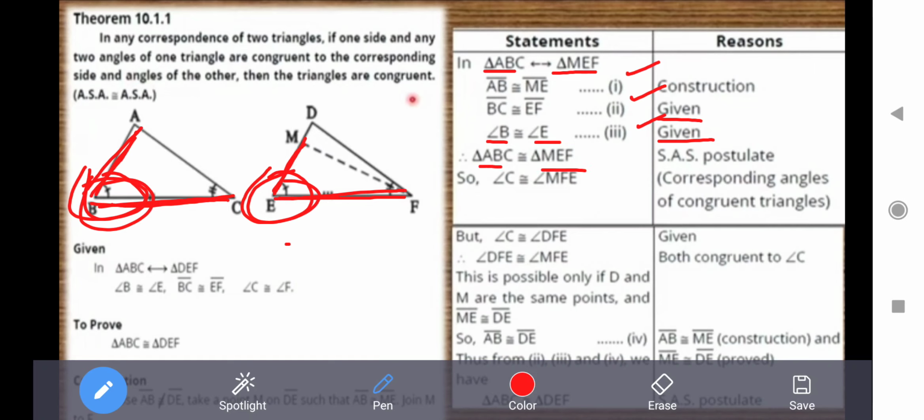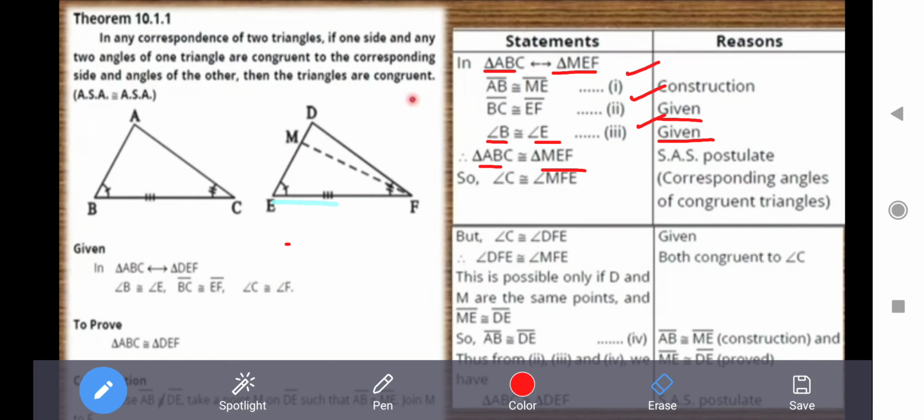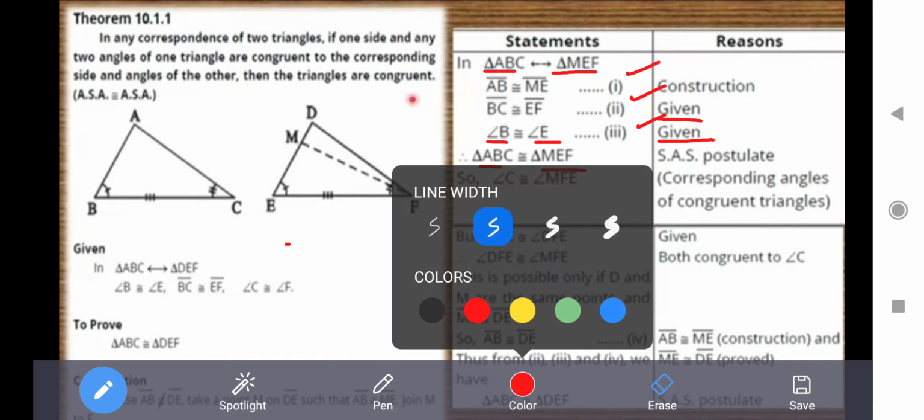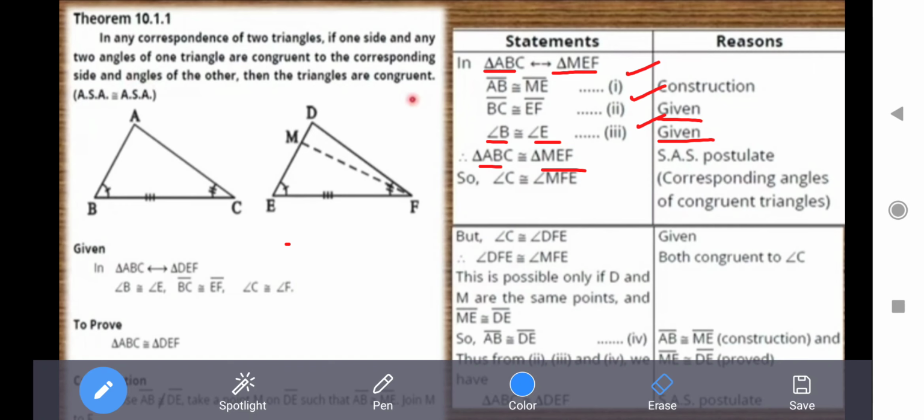Why? Because I'll show you again over here with this blue color. If AB is congruent to ME, this is a side, then BC is congruent to EF, this is again a side, and angle E is congruent to angle B, then what does it mean?